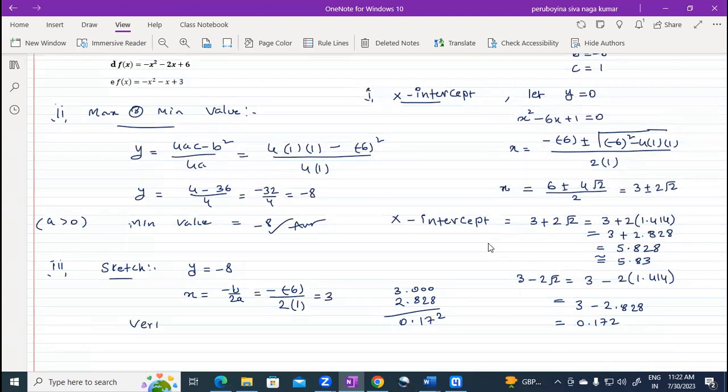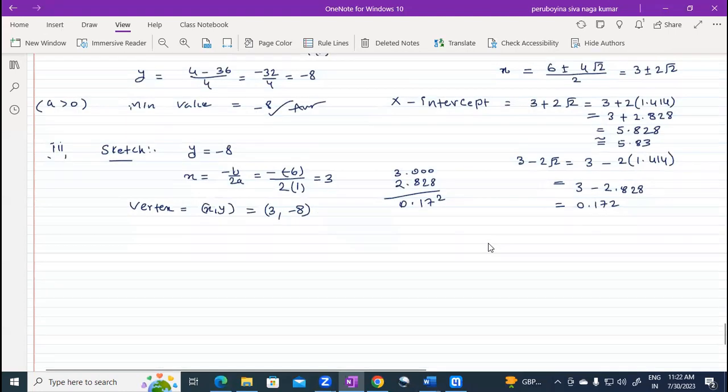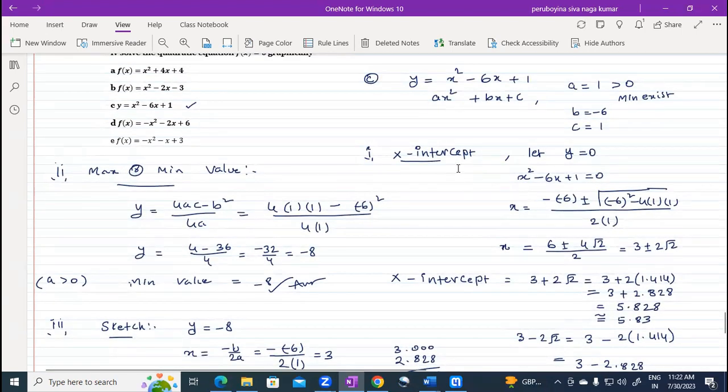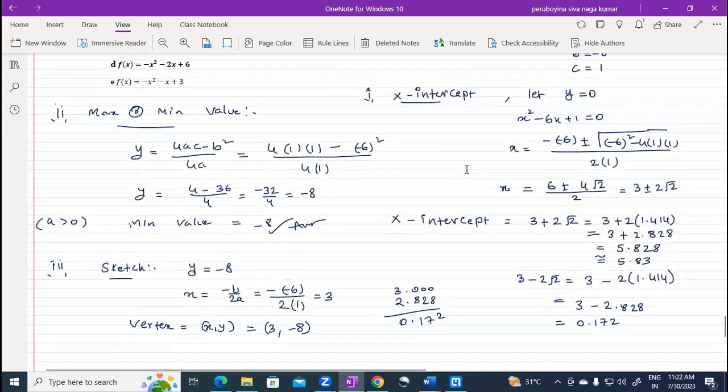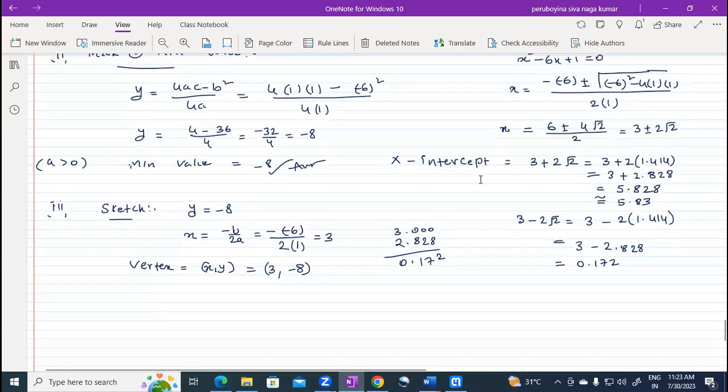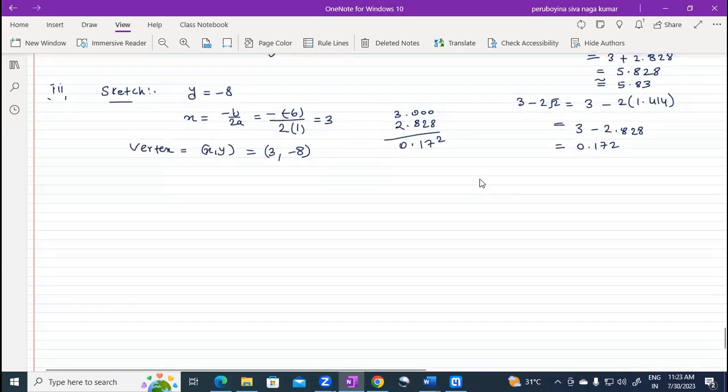Therefore, vertex V equal to x comma y, where x is 3 and y is minus 8. We also need to know where the graph cuts the x-axis. We already calculated both x values in the first part, the x-intercept part. Now I am going to draw the graph.